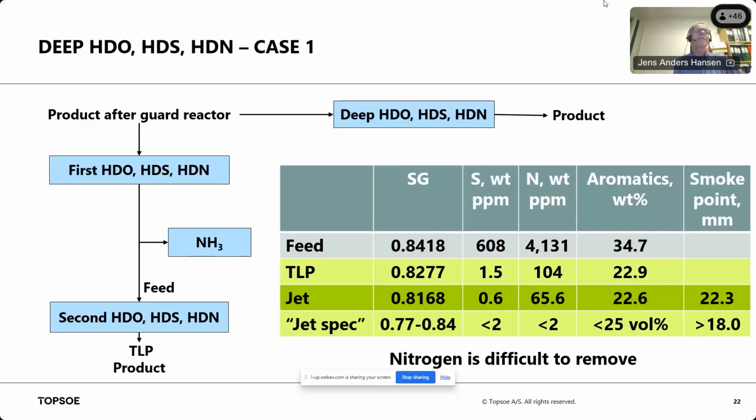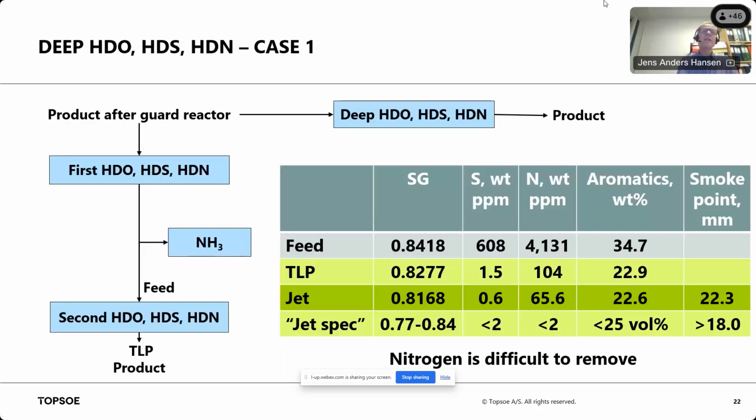If you look at a jet spec, we don't have any jet specs available for this process route, but if we look at what is used for synthesized jet boiling range compounds, you have to be in a density range between 0.77 and 0.84. We were meeting that. Sulfur has to be below 2. We were meeting that. Nitrogen has to be below 2. We were not meeting that. Aromatics was below 25 volume percent, and we were meeting that. And smoke point, we were higher than 18.